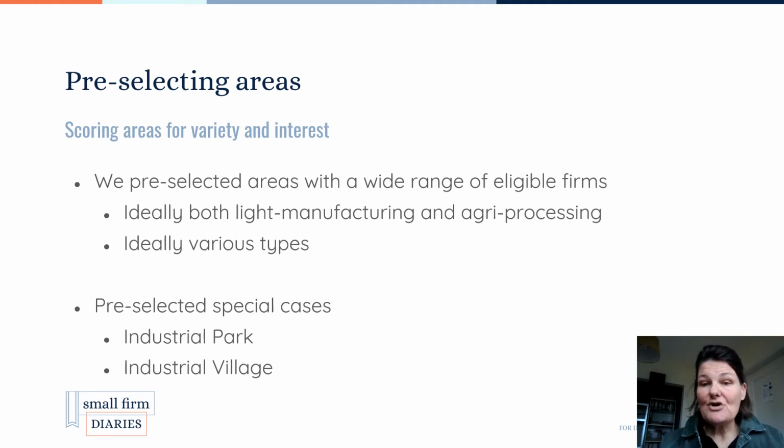We chose the following: we scored these places, and those with light manufacturing and agri-businesses got a high score because both are the two areas we're most interested in. And then the areas with a wider range of businesses.